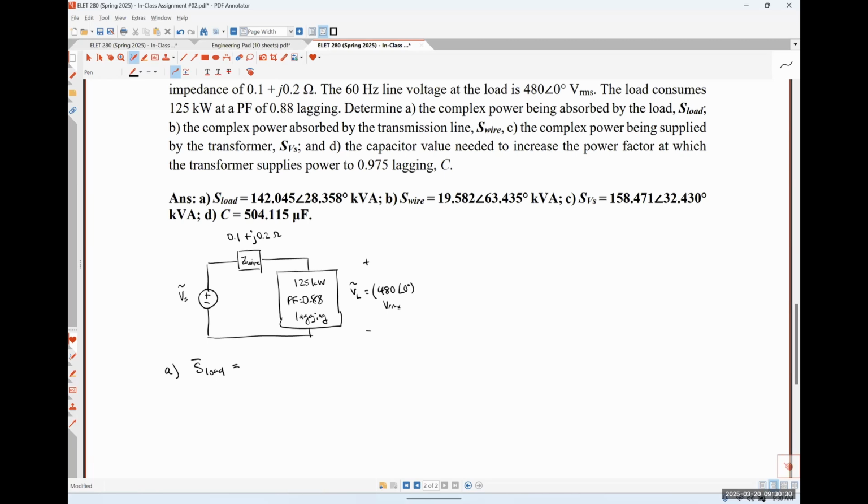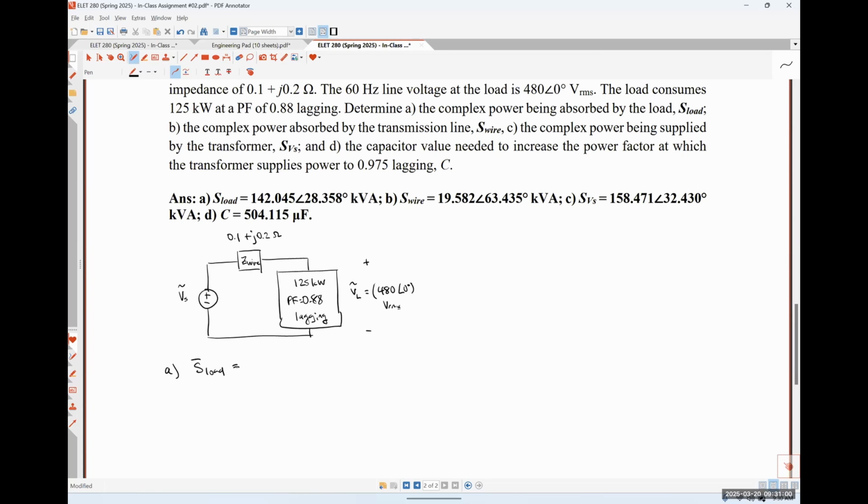So what do we know about our load? We know it's absorbing 125 kilowatts of power, and we know that it's operating at a power factor of 0.88 lagging. I believe pretty strongly that we have calculated complex power from only knowing those two pieces of information at 4 different points today. Might have only been 3, but either way.